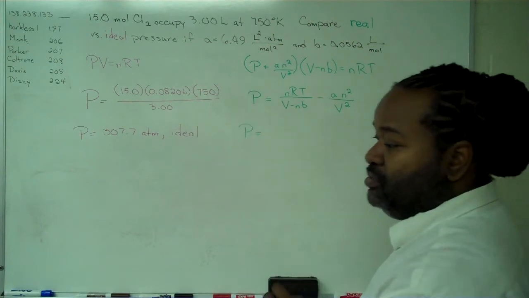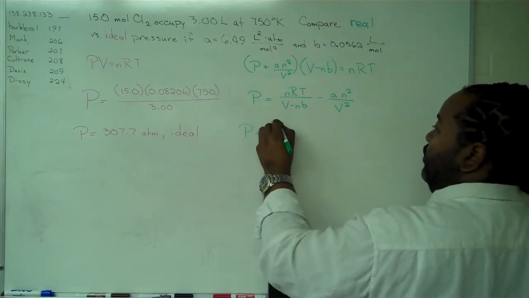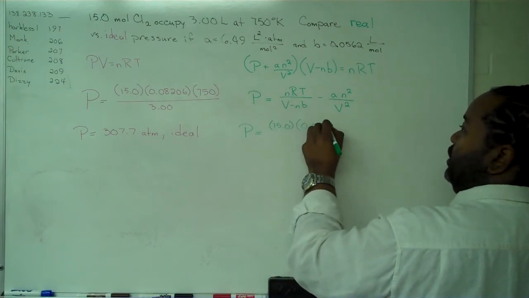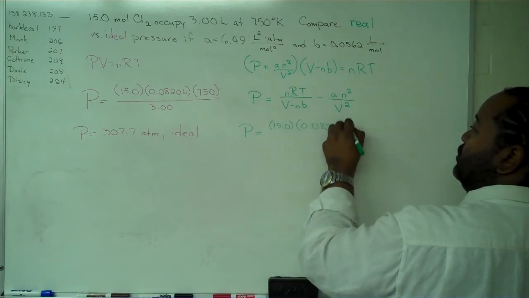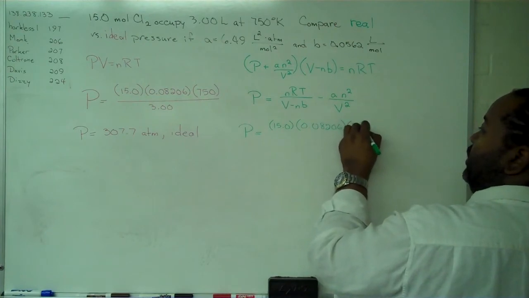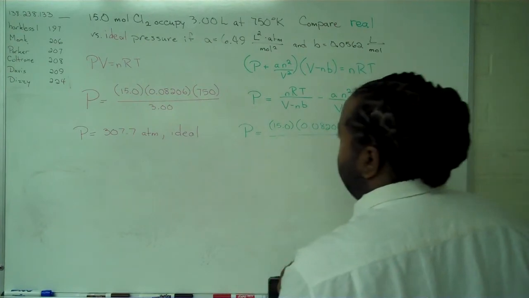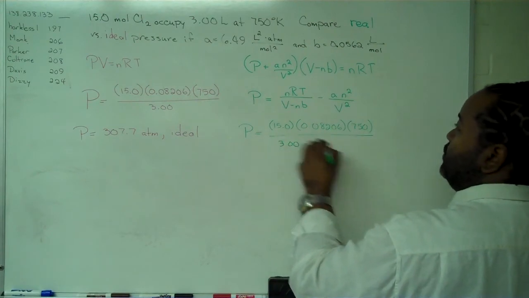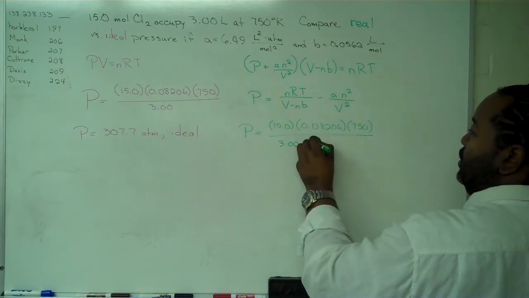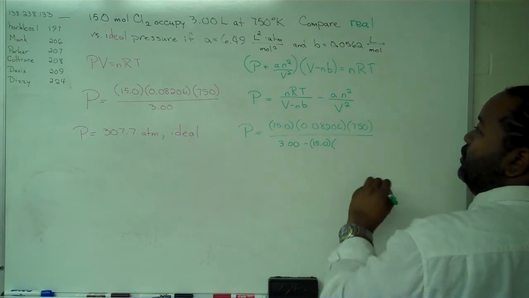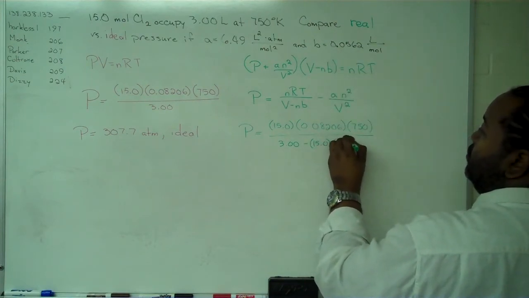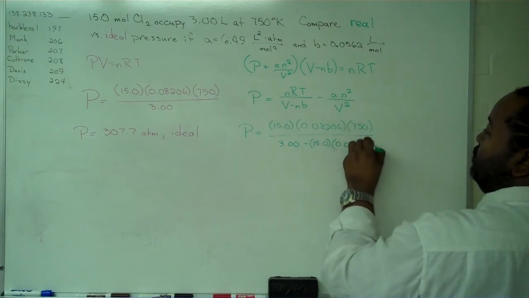So again, we have our 15 moles, 0.08206, our temperature in Kelvin, and we're going to divide by the volume, which is 3 liters, minus the number of moles times our van der Waals B constant, 0.0562.